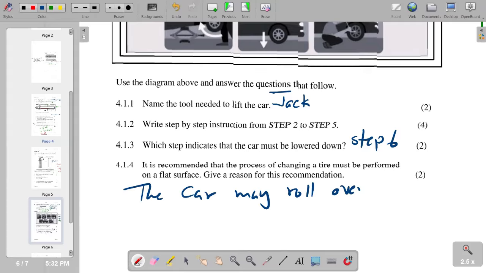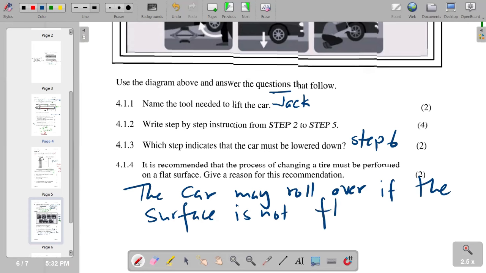This is a possibility that is being avoided when it is on a flat surface. So the car may roll over if the surface is not flat. So with that, we see that this is the last question on this page.